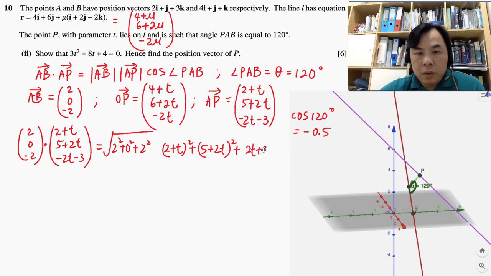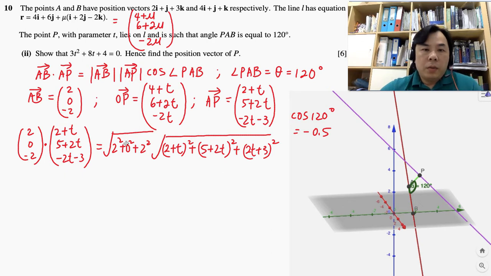So I just write it down in its simplest form. And then of course, I need to multiply by cosine of angle PAB, which is negative 0.5 here. That is what I'm having at this point of time.